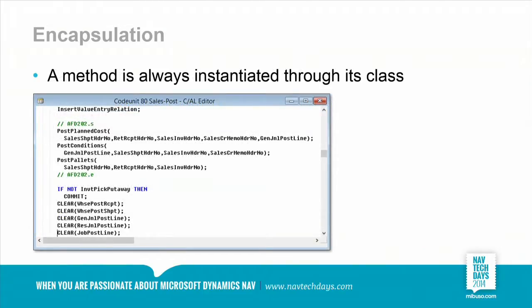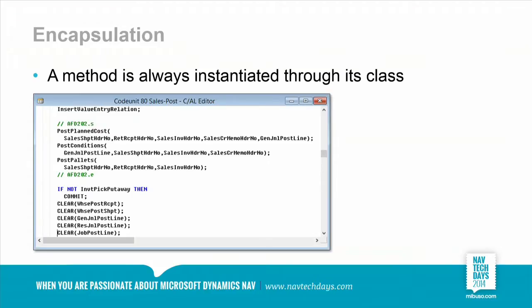A method should also always be instantiated through its class. So I will never call this code unit save allocation through a code unit variable. It should be declared on the table, and I always just reference it through the table. So I call the agent, call the method on the agent, and then this invokes the code unit. We see an example here from code unit 80, where we've added a few functionalities to the sales header: post plan cost, post conditions, post pallets, and these methods are declared on the sales header.